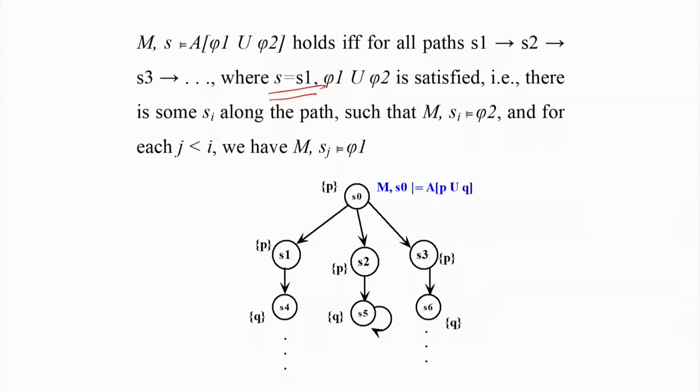So, in this particular case I am talking about some S i, and M, S i models phi 2. Now, what is the scenario? If this S i equals S 1, I am considering this particular path, and if S i becomes S 1, then since phi 2 is true at that particular point, I am going to say that A phi 1 until phi 2 is true at that point.